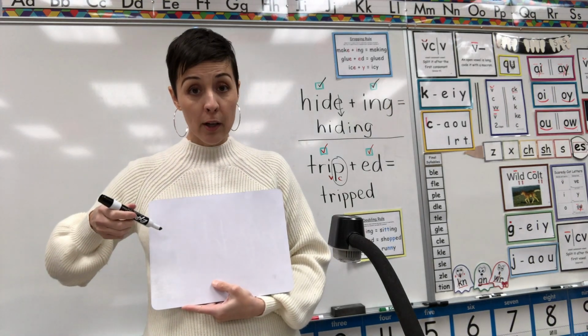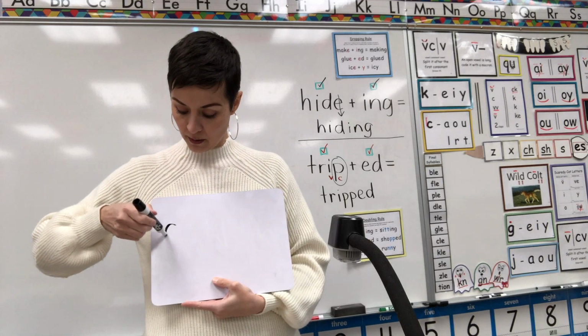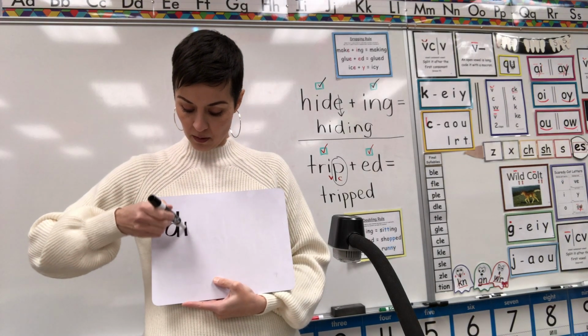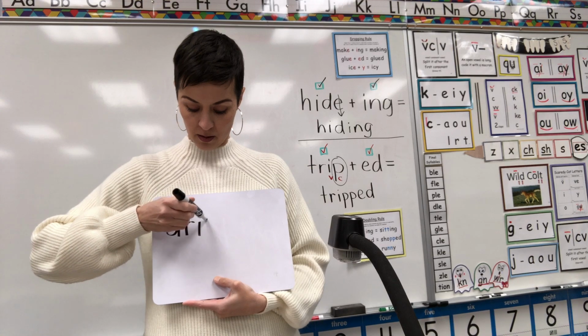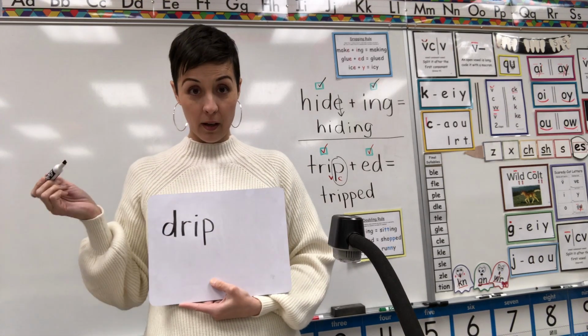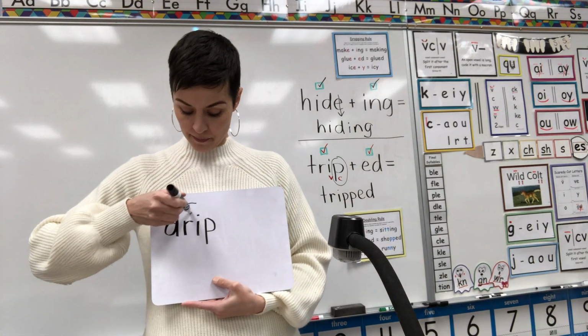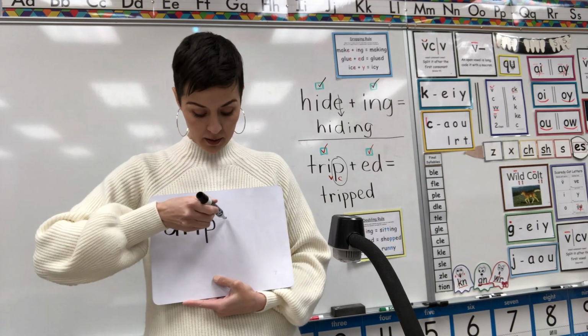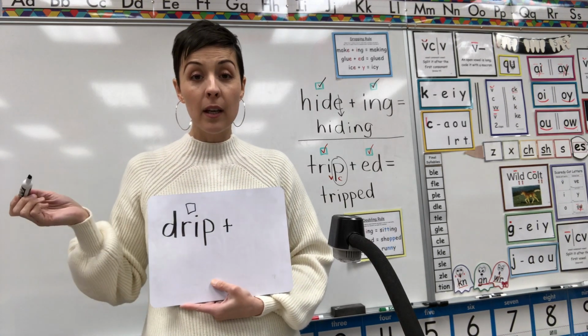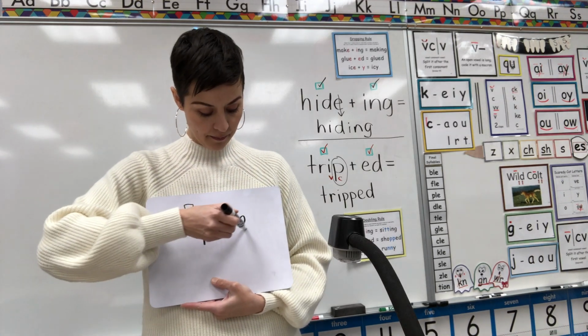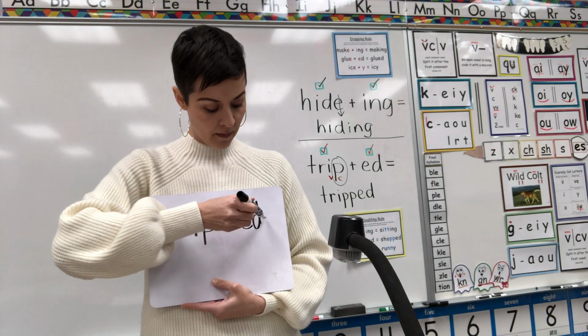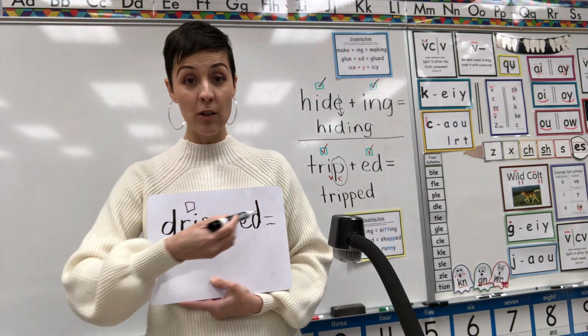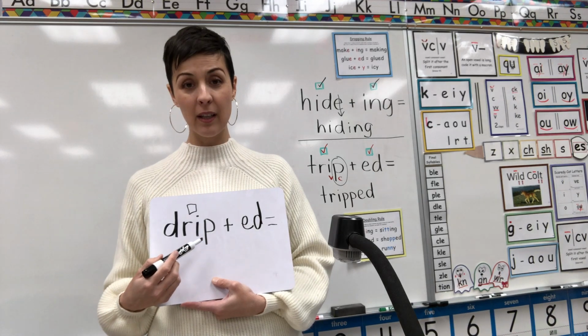First word, root word, drip. D. Okay, put a little box above it. Plus suffix ed. Equals, I want it to say dripped. Let's check it. Does it end in an E?